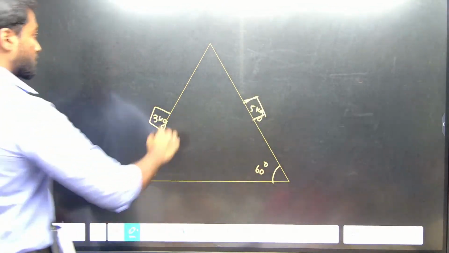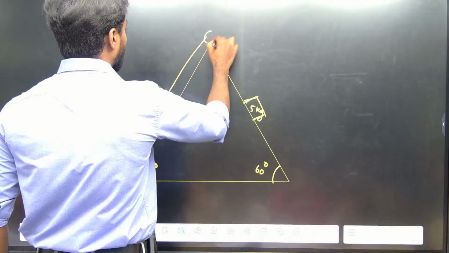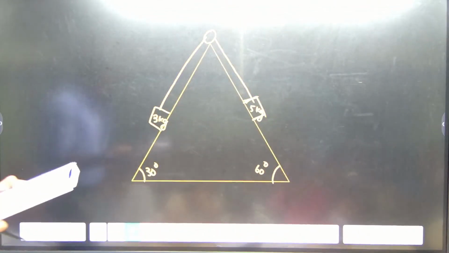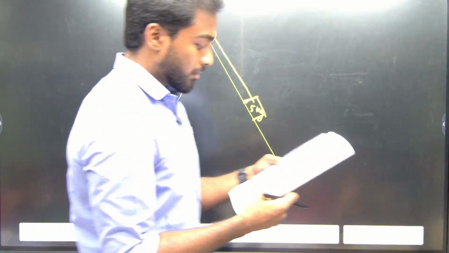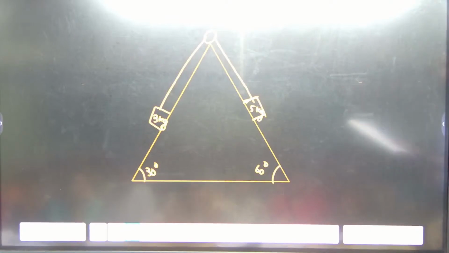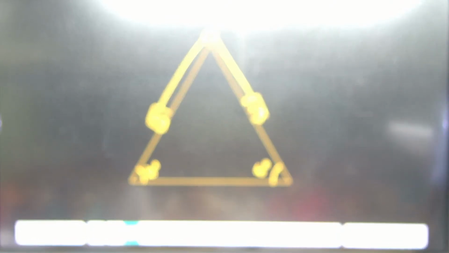Okay, so now it is attached with a rope. So the acceleration of the system of two bodies over the wedge, as shown in the given figure, I need to find the acceleration here.